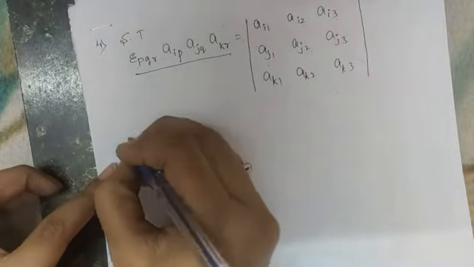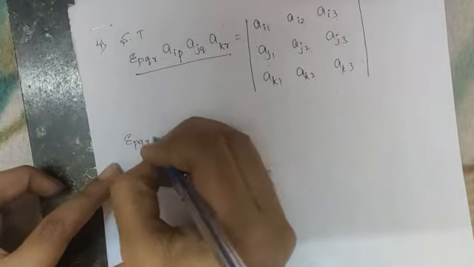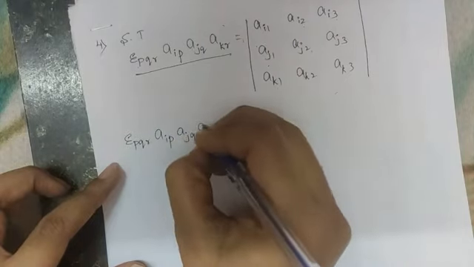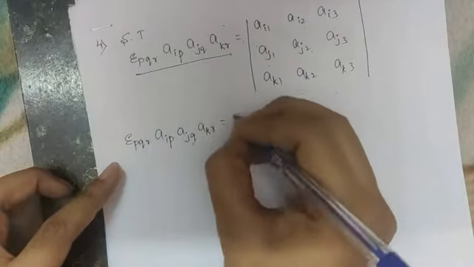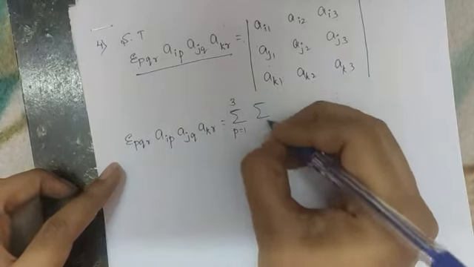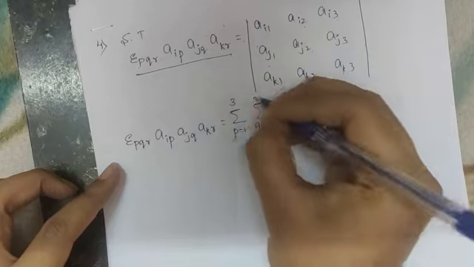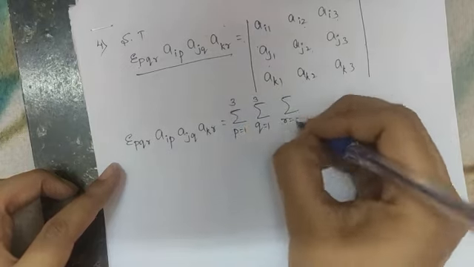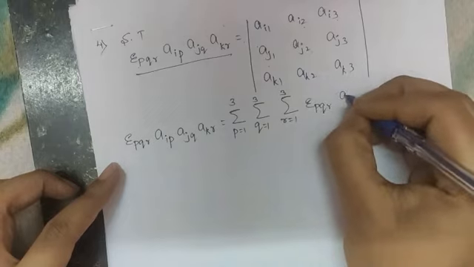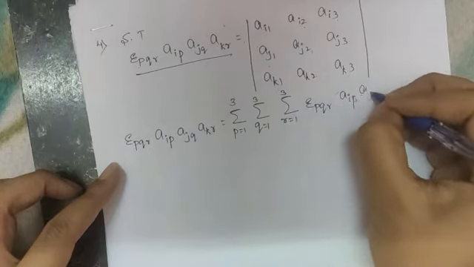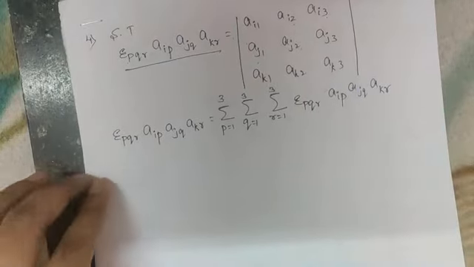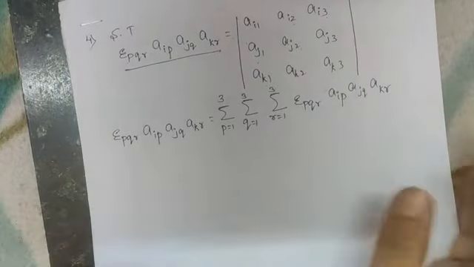So we can write epsilon pqr aip ajq akr is equal to summation p equals 1 to 3, summation q equals 1 to 3 and summation r equals 1 to 3, epsilon pqr aip ajq akr. Right? So now expand each term.